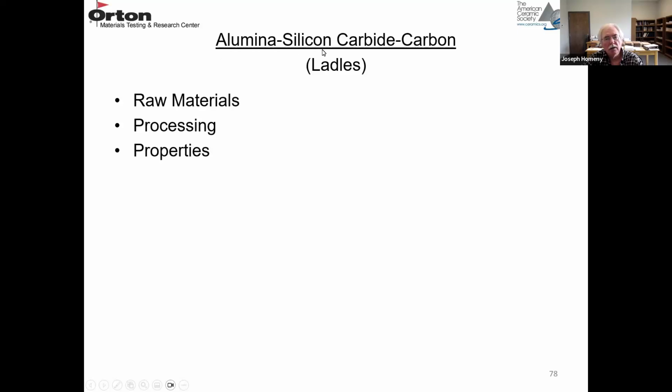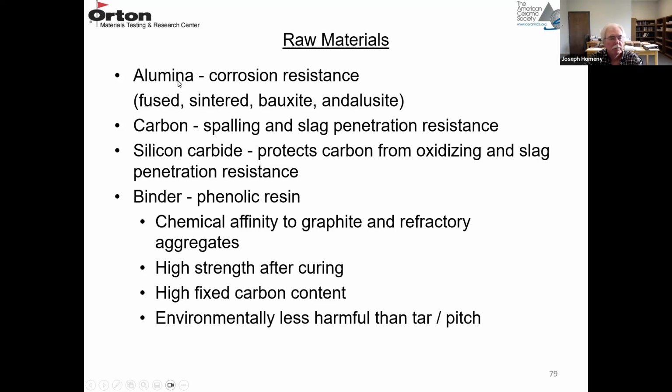The alumina, silicon carbide, carbon composites are used in ladles. And we'll look at the raw materials, how these are made, and some of the properties. So the alumina is added because it has good corrosion resistance. The neutral refractory has got good corrosion resistance in either acidic or basic slags.